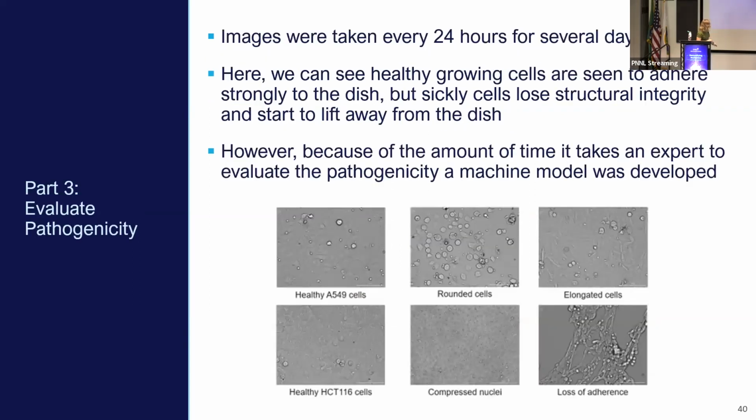Here's some images of that. So on this side, on, let's see, your left side, we have healthy human cell lines growing. And we can see on the right side that there are the infected human cell lines. And so we as humans can see that there's some patterns, the rounded cells, they're balling up, there's elongated cells.